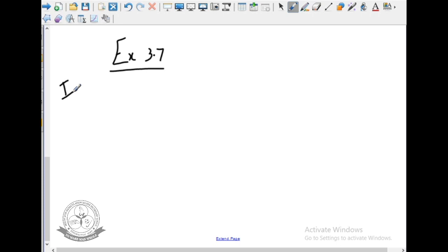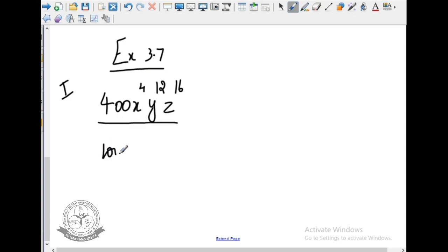Find the square root of the following rational expression. The given expression is 400 x power 4 y power 12 z power 16 divided by 100 into x power 8 y power 4 z power 4.